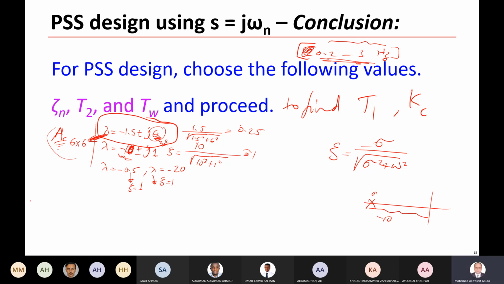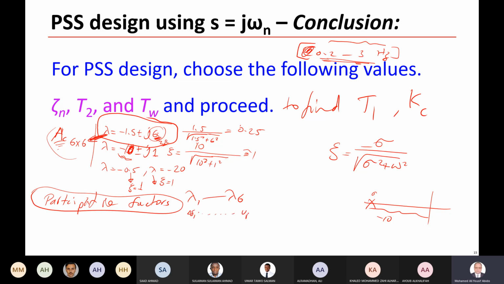One of them is called residue, one of them is called the participation factors. In this method, you have eigenvalues lambda 1 up to lambda 6, and you also have the states, from 1 to 6: delta, omega, E q prime, E d prime, and so on, with the UBSS at the end. So you have 6 states and 6 eigenvalues.